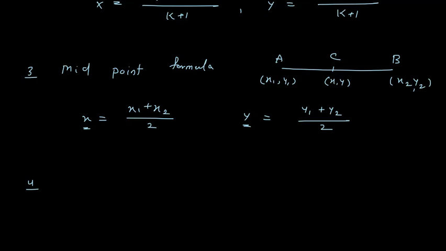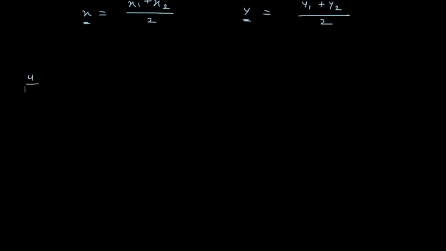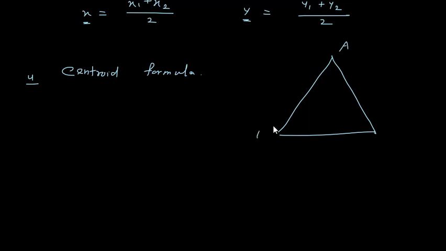And fourth, after the midpoint formula we have the centroid formula. Say there is a triangle ABC with coordinates say x1, y1, x2, y2, and x3, y3, and say there is G which is the centroid with the coordinate x, y.